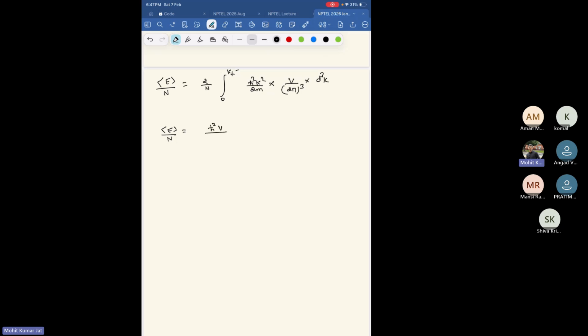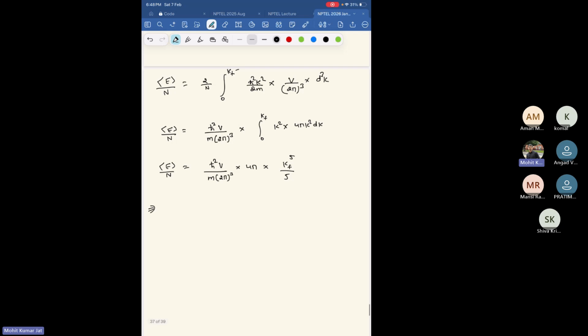So ħ²V/m over (2π)³ times the integral from 0 to kF of k² times 4πk² dk, right? So ħ²V/m over (2π)³ times 4π, and then k⁴ we integrate to k⁵/5.